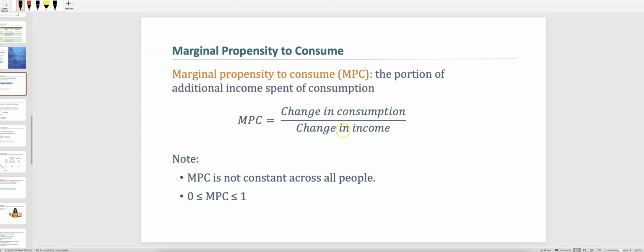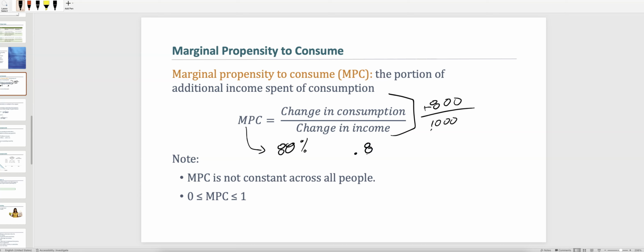Okay, so in this case, if people spend 80% of their income, then this would mean that, let's say, consumption goes up by 800 when the income goes up by 1,000. That would give us our 0.8.